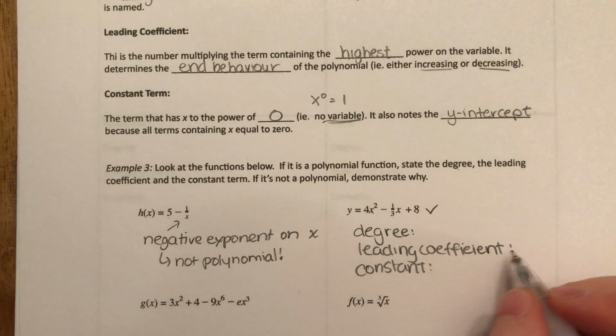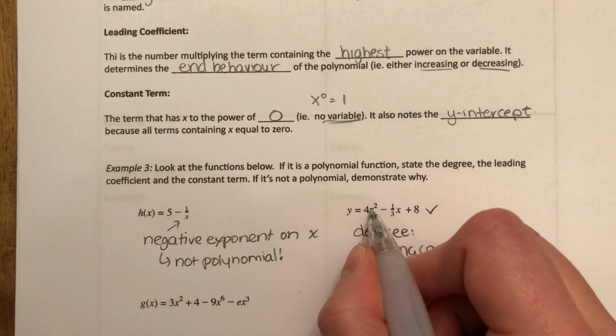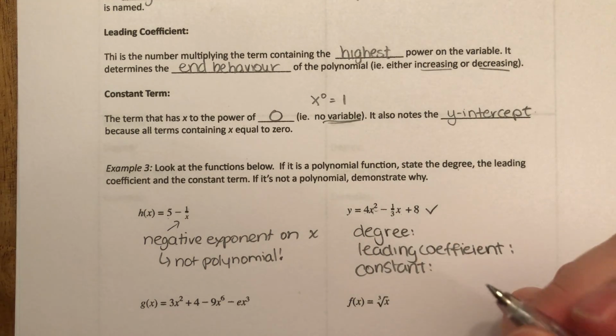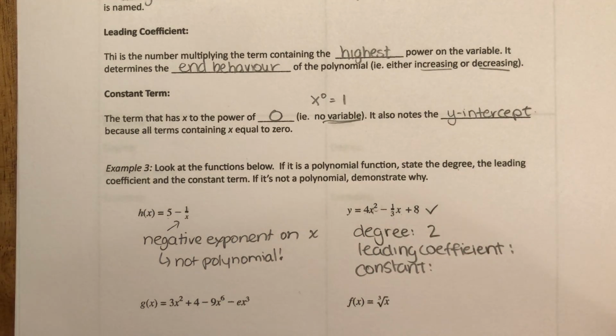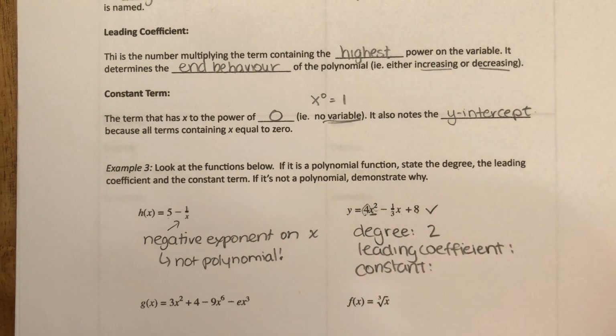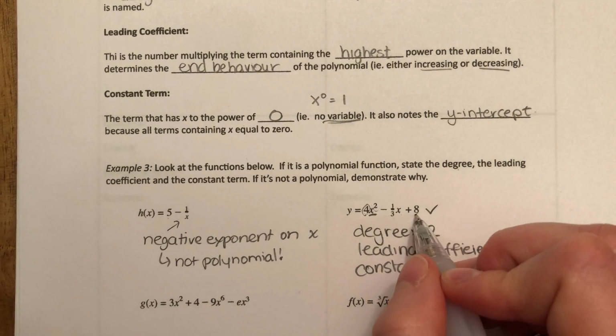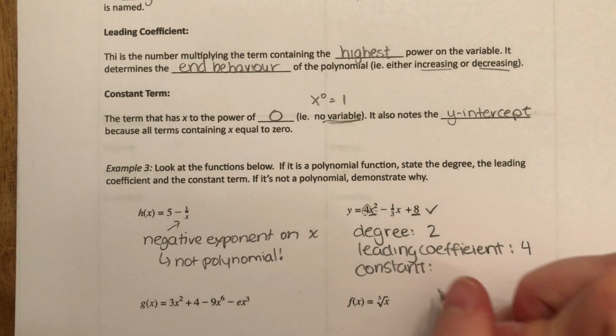When I do this, I want to use colons, not dashes, because dashes can sometimes look like negatives. So the degree of this function is the highest exponent on my x, so it's a 2. My leading coefficient is the number multiplying the x with that highest exponent, so it's going to be a 4. And my constant is the one that's not attached to an exponent, so it's going to be an 8.